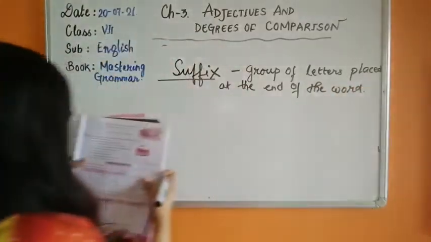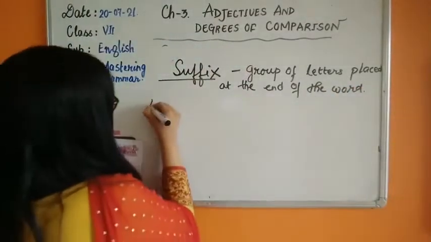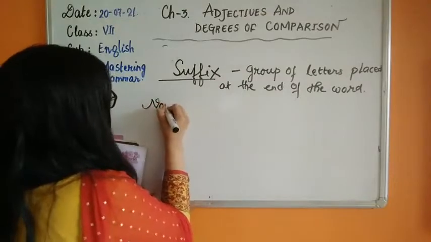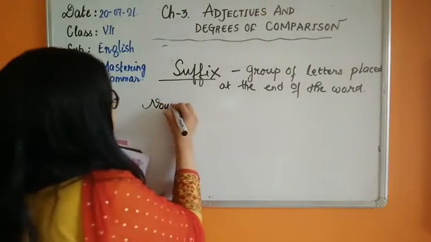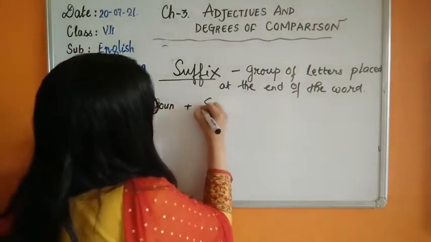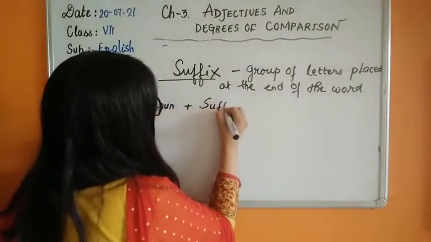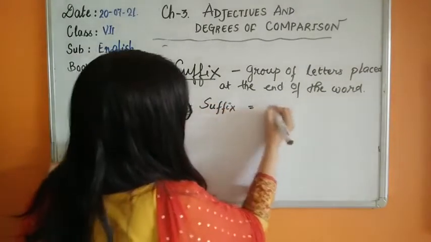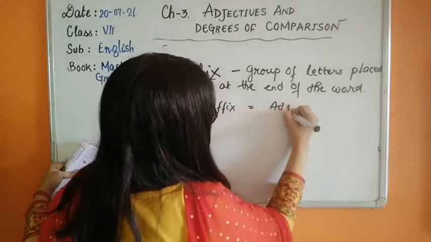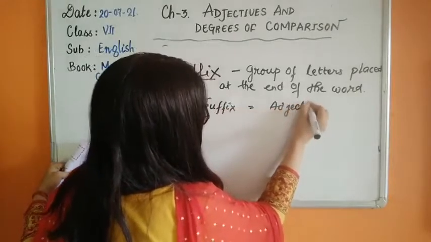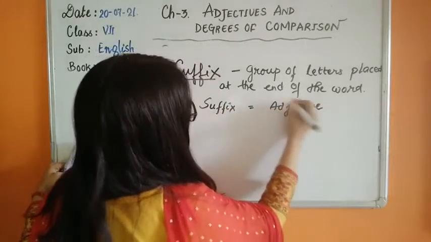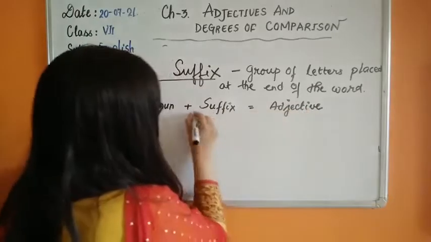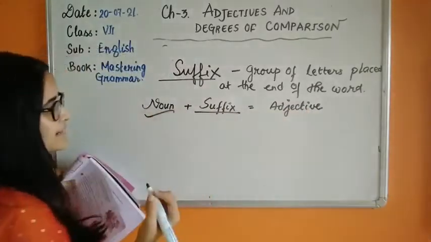Now let's see how we can form an adjective: noun plus suffix will form an adjective. Okay children, we are going to learn this today: how we can add a suffix to a noun and make it an adjective.